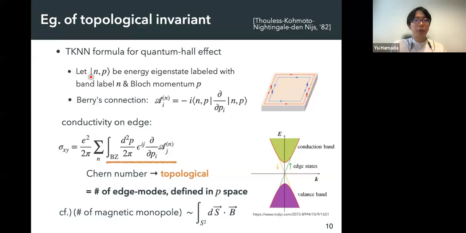Let's consider some Hamiltonian of the material, and let the ket |n, p> be an energy eigenstate of the Hamiltonian, labeled with a band label n and Bloch momentum p. From this ket, we can consider some Berry's connection, like this. This part corresponds to the derivative with respect to the momentum p. Then we get the Berry's connection.